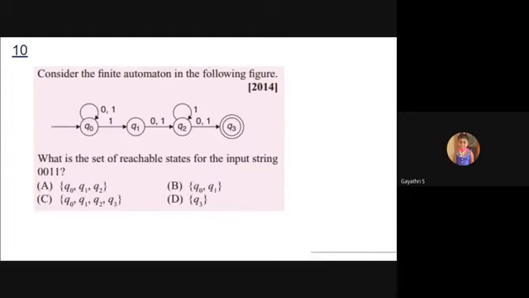Okay, others. Zero zero one one. The string is 0011. Okay. Yes, don't think too much.